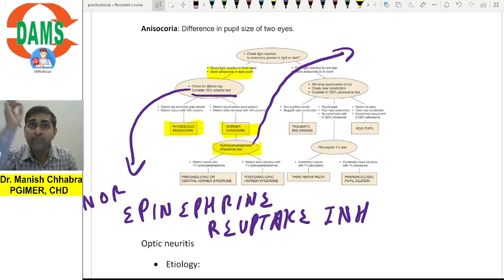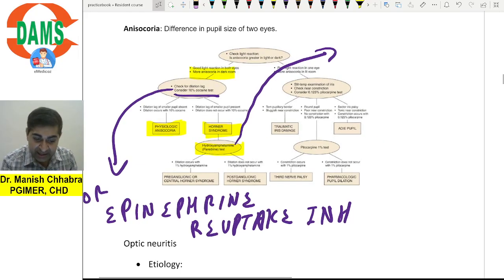Now if on putting hydroxyamphetamine there is dilatation of the pupil, that means this terminal is fine, the stimulus is just not coming from the back end. So that will make you think that it is preganglionic Horner syndrome. But if there is no dilatation on putting hydroxyamphetamine drops, you will think of postganglionic Horner syndrome.